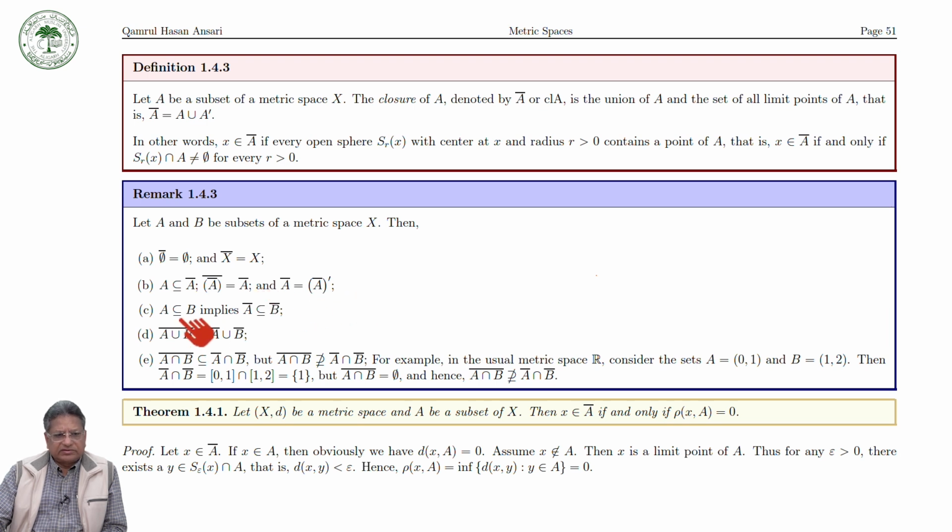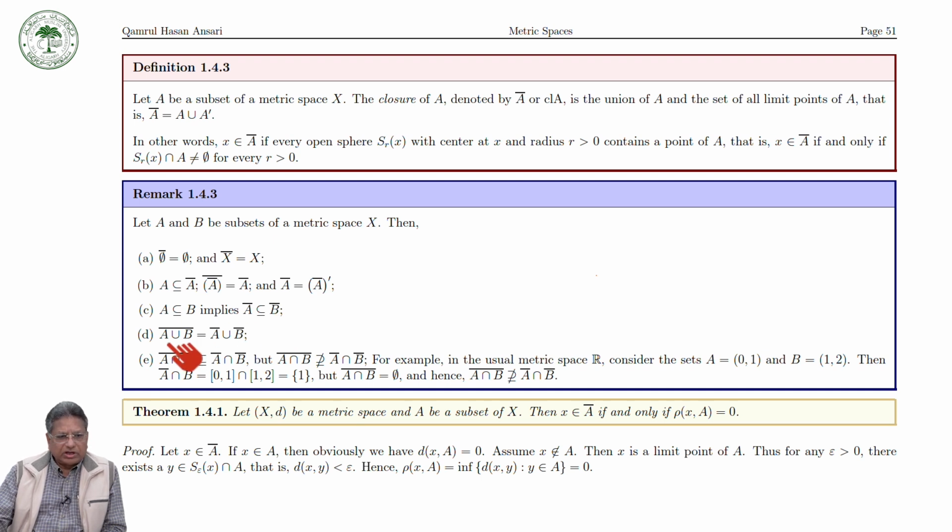And if A is a subset of B, then the closure of A is a subset of the closure of B. You can prove these properties as we have proved for the interior.